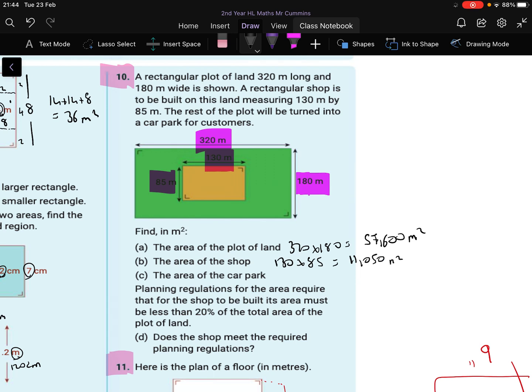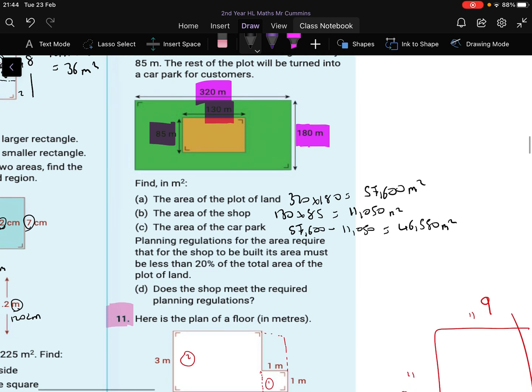So the area of the car park, remember the rest is going to be a car park, so we just take one away from the other. We take away our 57,600 minus 11,050, which gives you 46,550 metres squared.